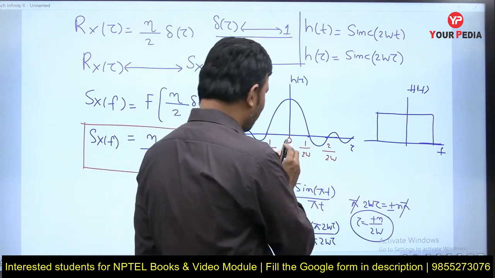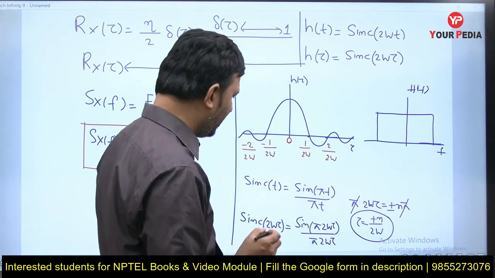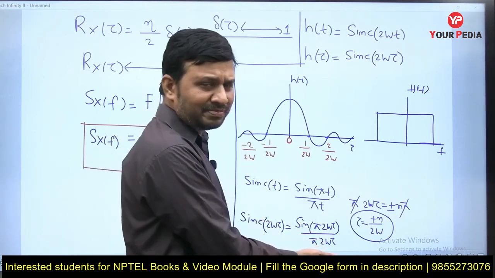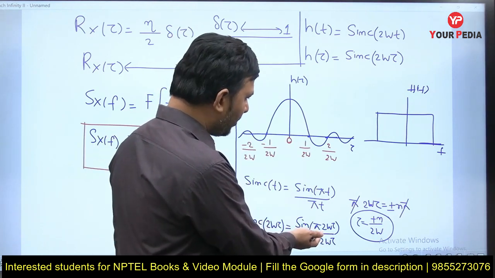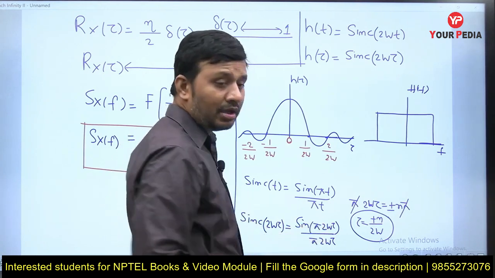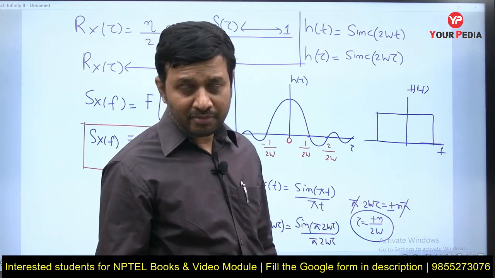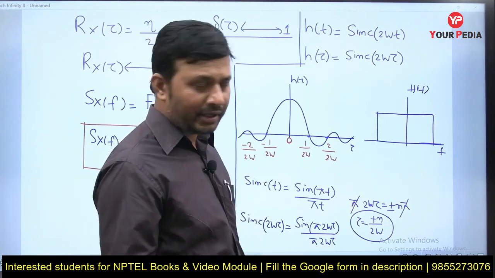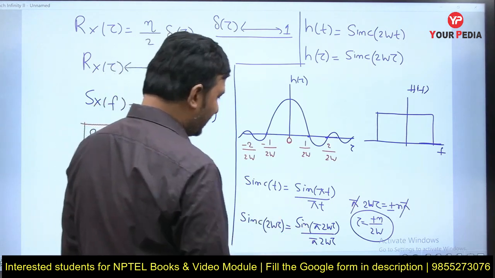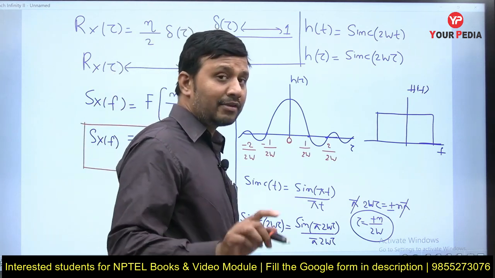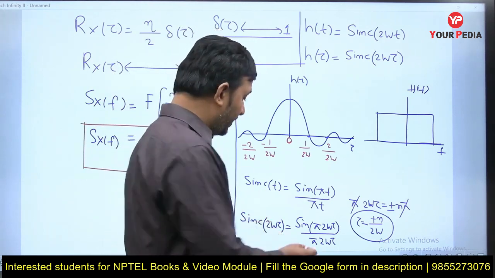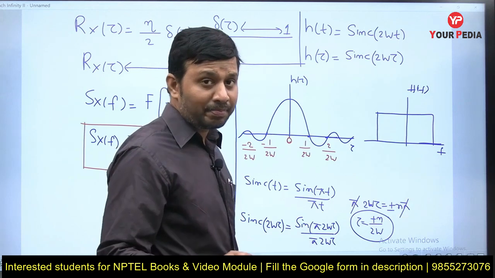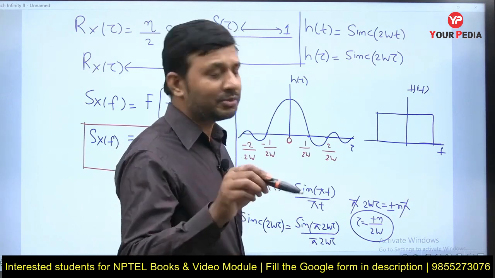Yes or no? And if you want the value at 0, first of all calculate the value at 0. Substitute tau is equal to 0. So tau equal to 0 means 0 by 0 form will come. So you can use L'Hopital rule. L'Hopital rule means differentiate numerator and denominator separately with respect to tau, and then substitute tau is equal to 0.